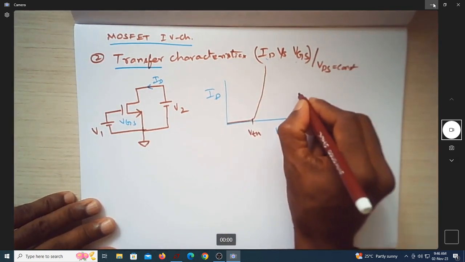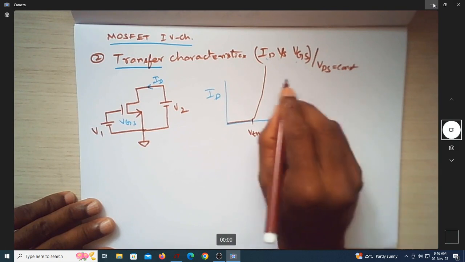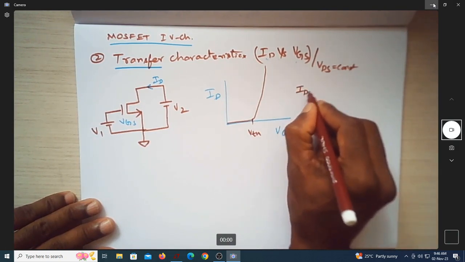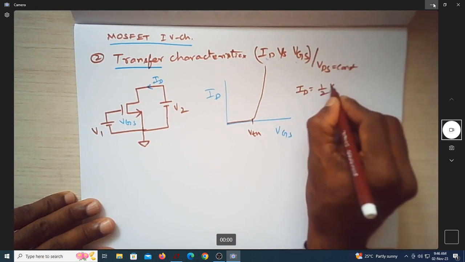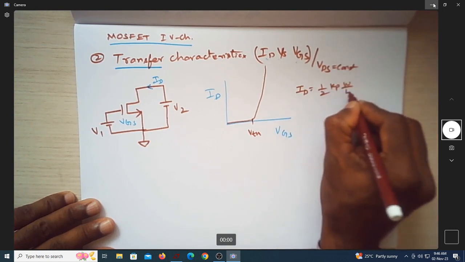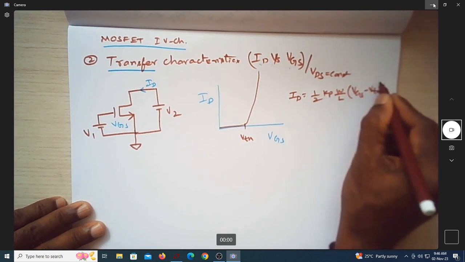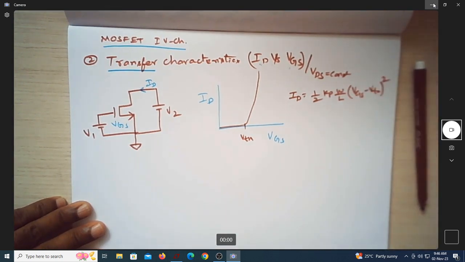We know the expression for drain current in both linear and saturation regions. ID will be given by half Kp W by L into VGS minus VTO, whole square, if the MOSFET is in saturation.